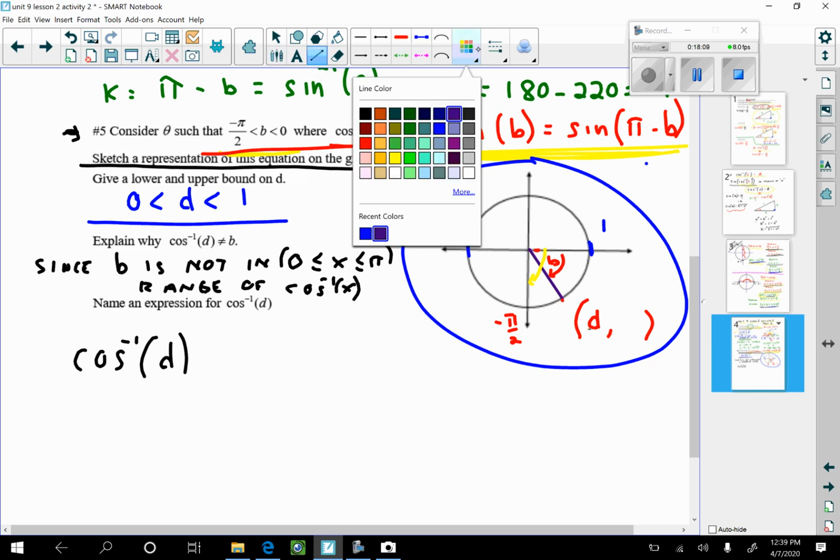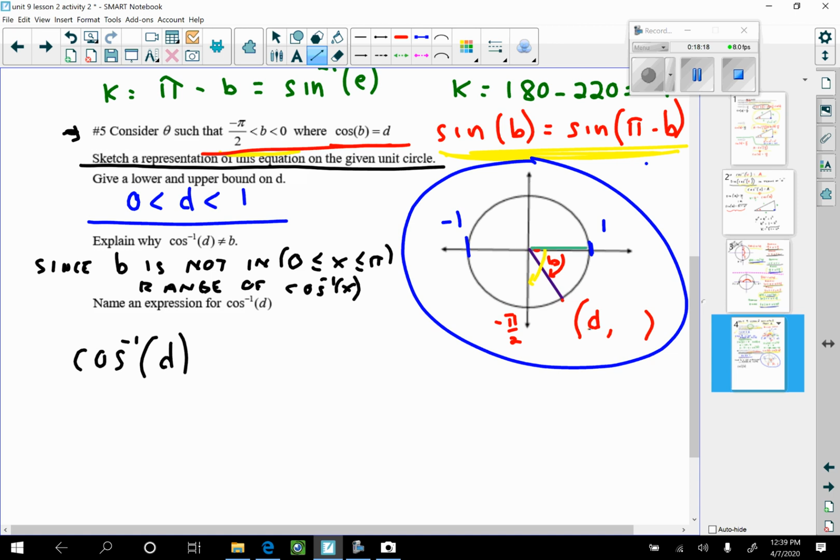I'm going to do a different color here. Let's do green. Let's do a green angle. Okay? So now you tell me, where am I going to stop this angle such that it has an output of d? About right there.